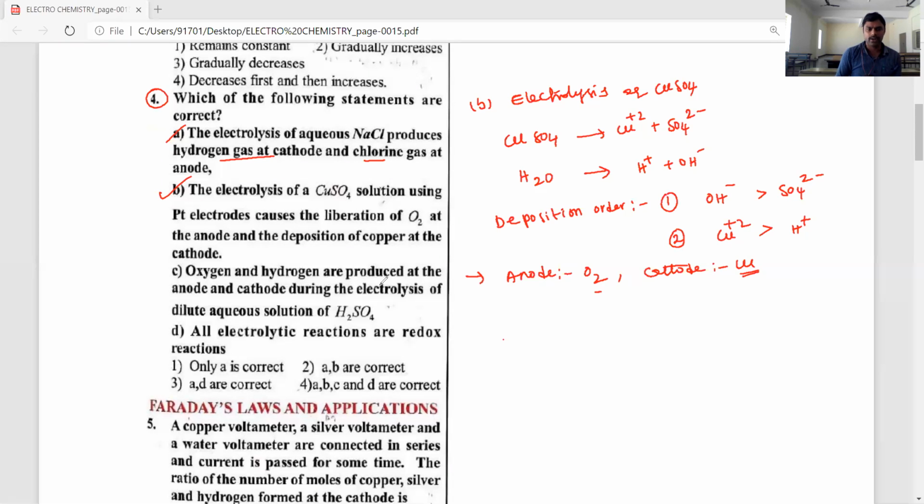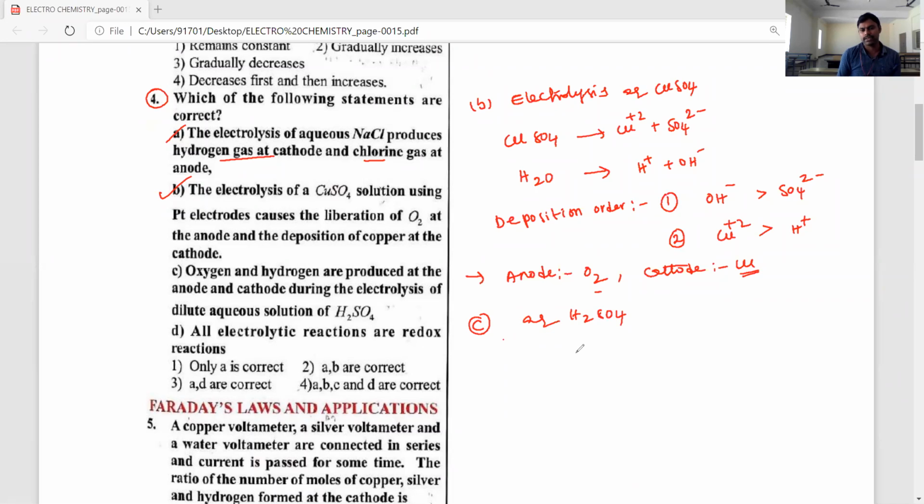Now, oxygen and hydrogen are produced at anode and cathode during the electrolysis of aqueous H2SO4. It is also correct. See the third one, aqueous H2SO4.